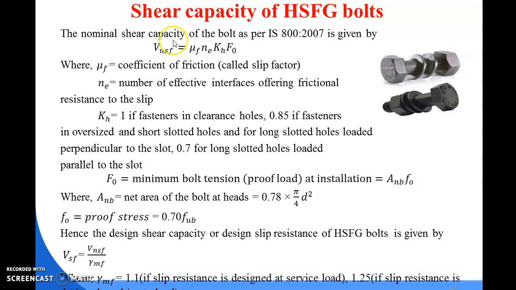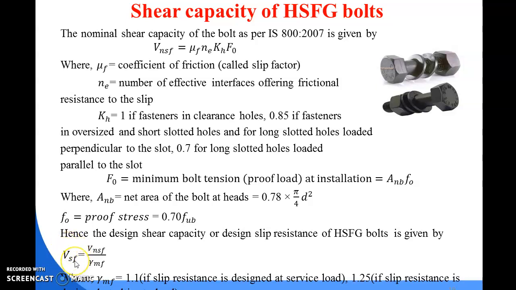Then calculate the VNSF. After that, we have to calculate the design shear capacity, or you can say the design slip resistance of the HSFG bolts, by the formula VSF.